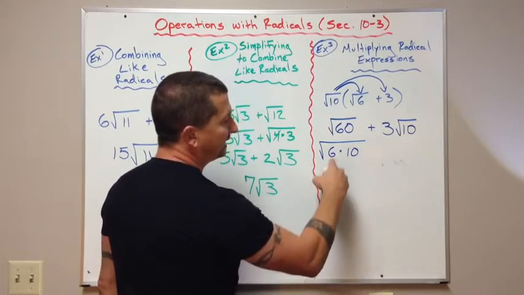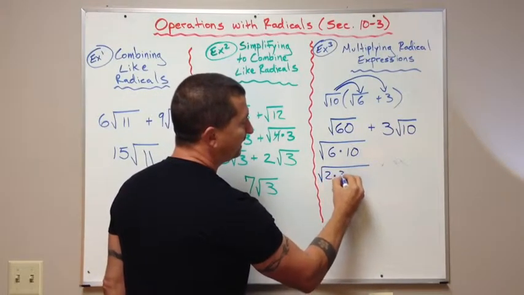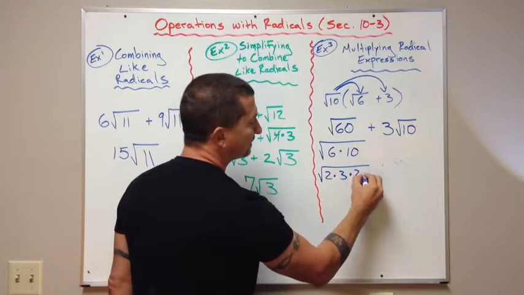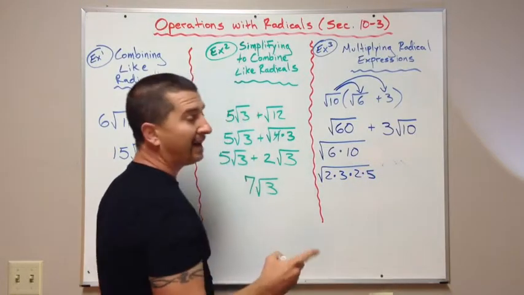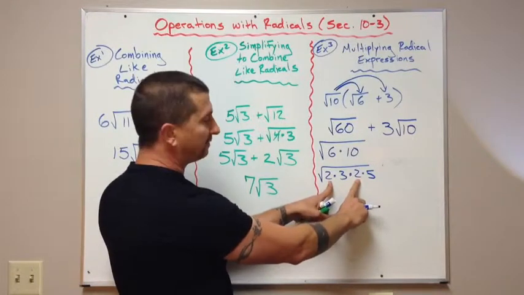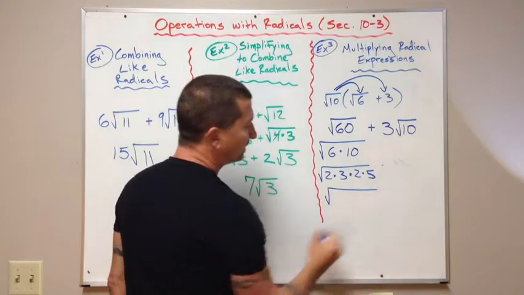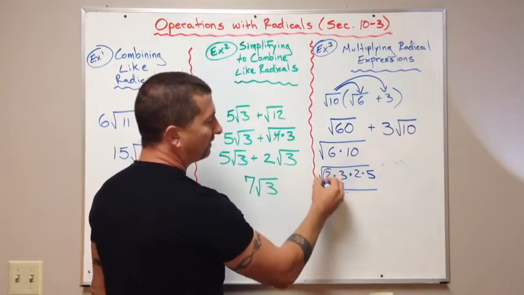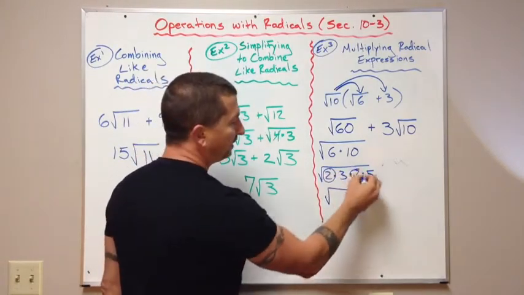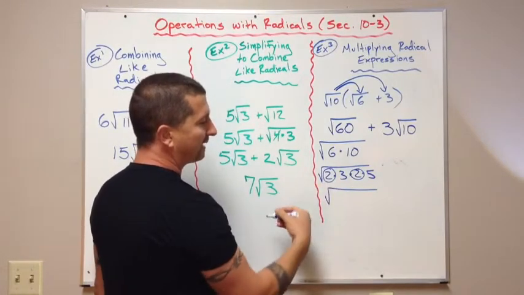And from 6 times 10, you can break these apart as 2 times 3 and 2 times 5. Now, the key to look for are matches. So we have 2 factors of 2. So when we have 2 of them, 2 squared, we can factor one of them out from underneath the radical sign.